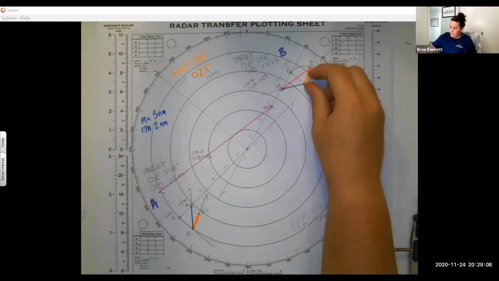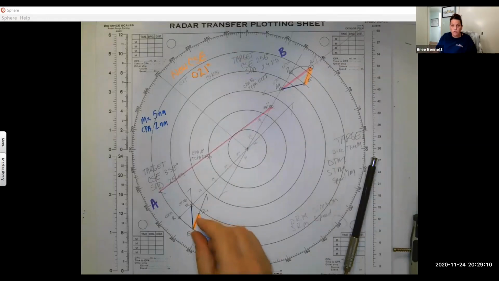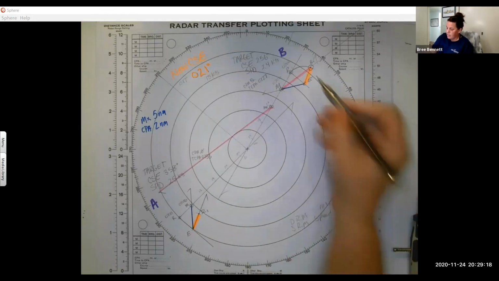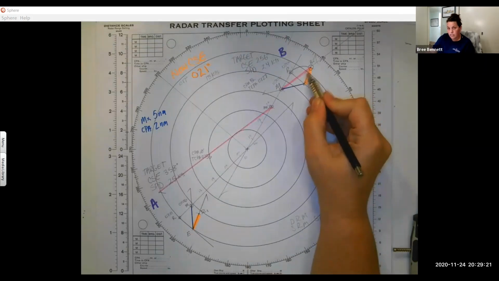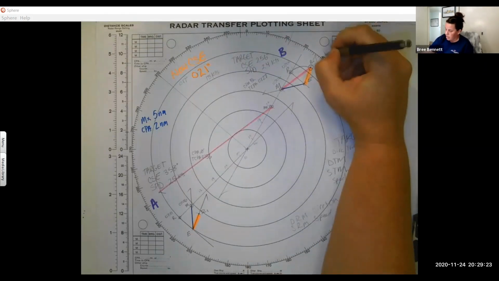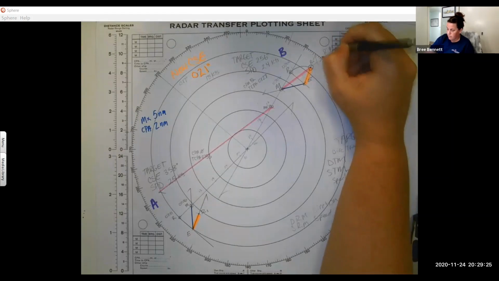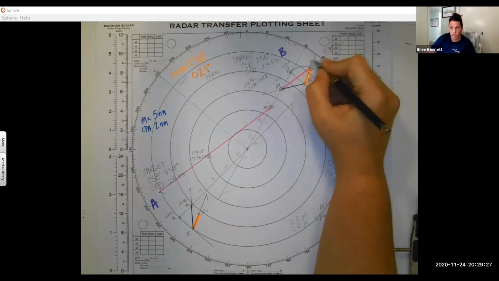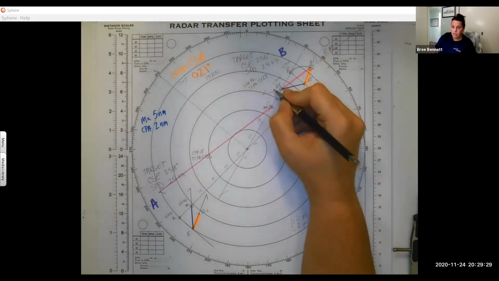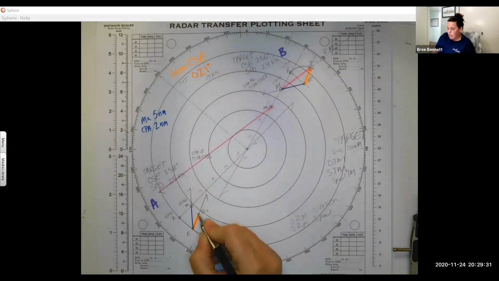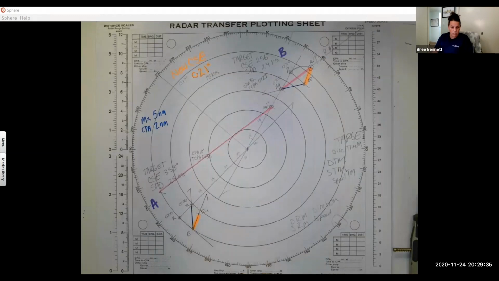I've moved this line and put it here for my new E to R prime. So now I have my new relative motion line, R prime to M, right? My new relative motion line, R prime to M. So here, where's my R prime to M? That is going to be my new relative motion line.